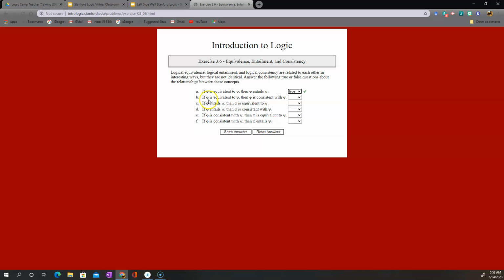Now, part B, if phi is equivalent to psi, then it is consistent with psi.